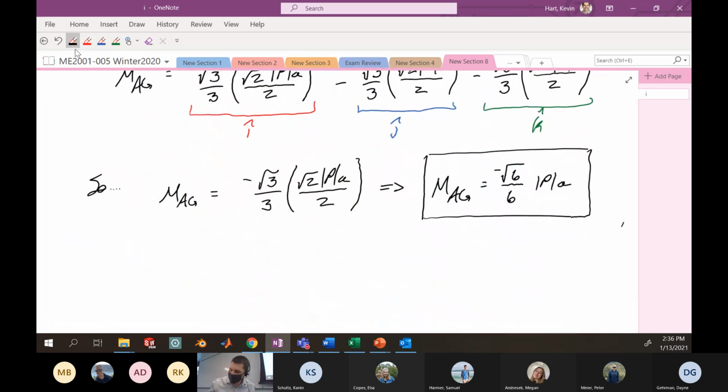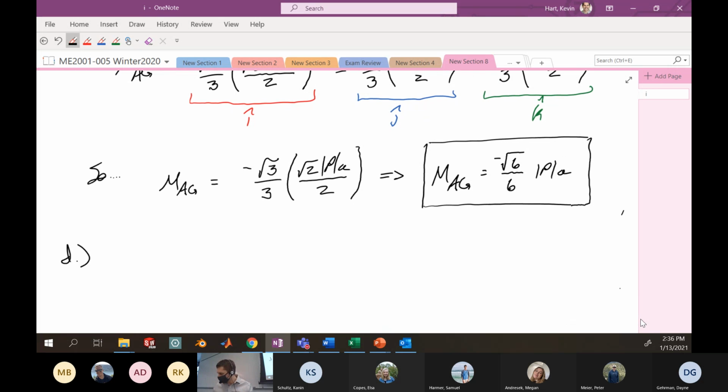Okay, lastly, D. This comes a bit from our shortcut methods that we talked about last time.